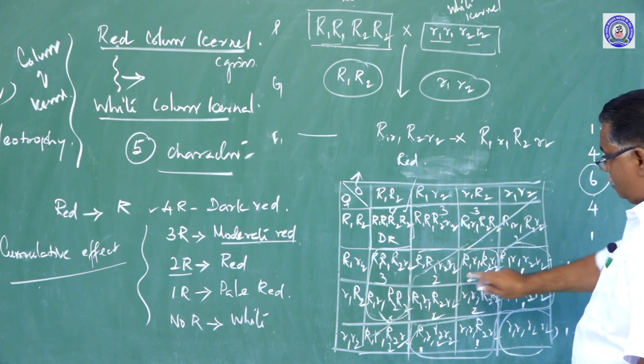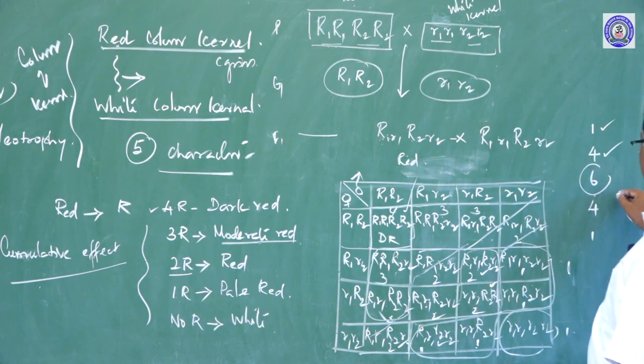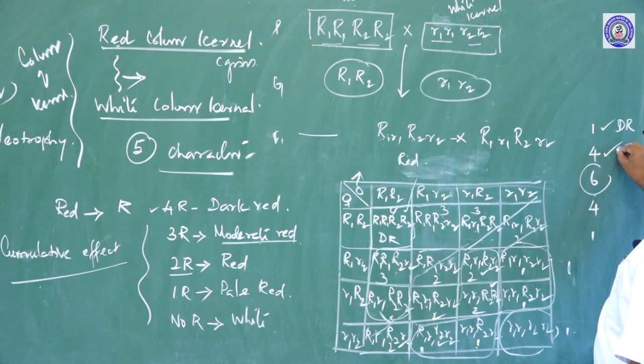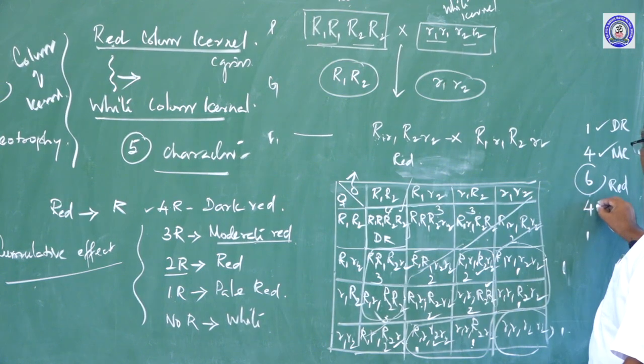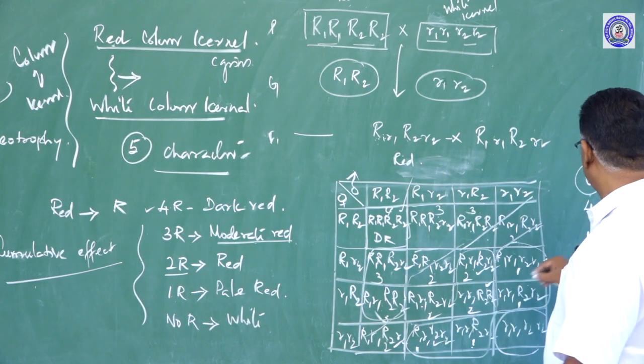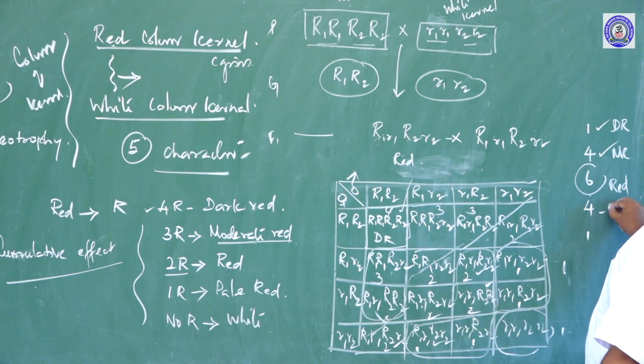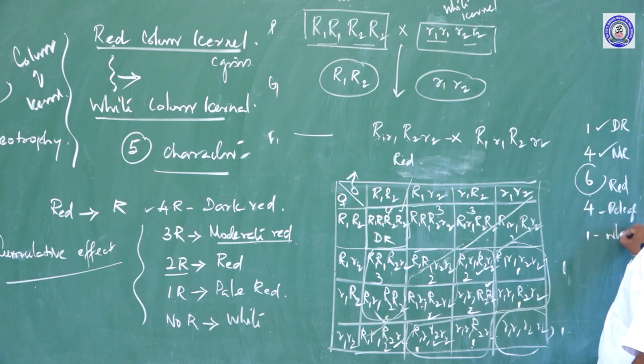The 6 are red, the 4 here and 1 here. These 4 produce pale red, and no dominant gene is there, so it produces white.